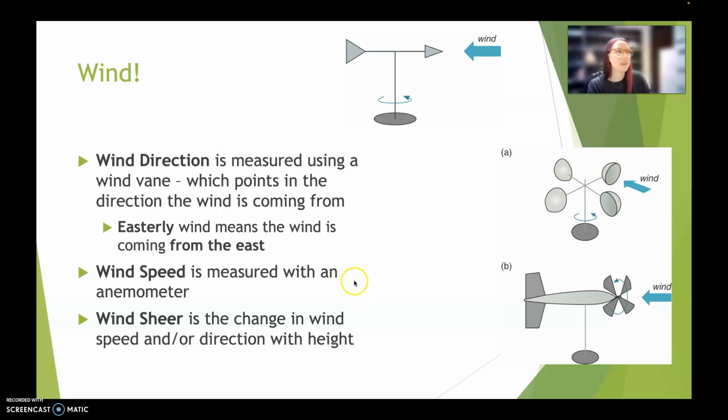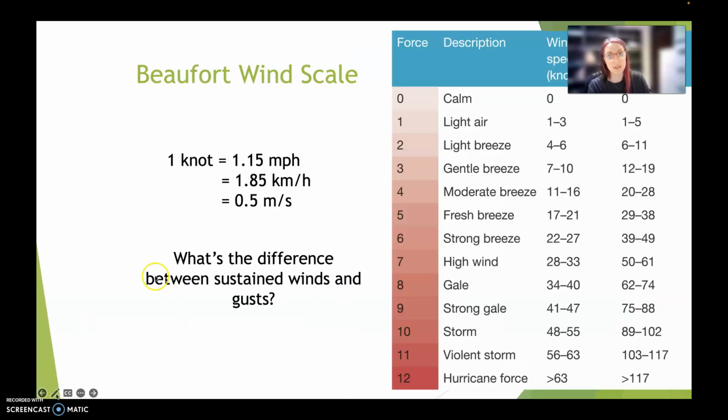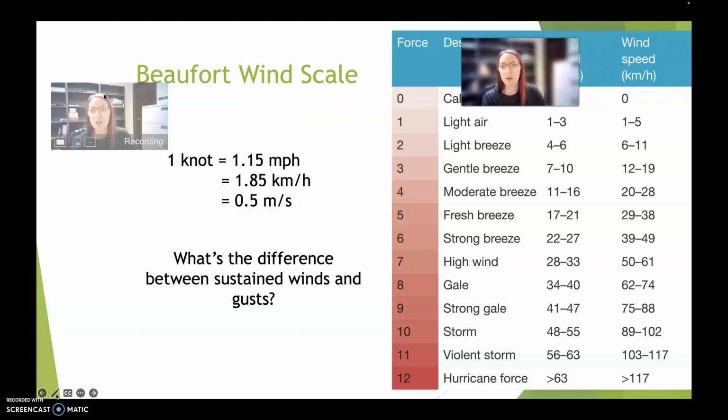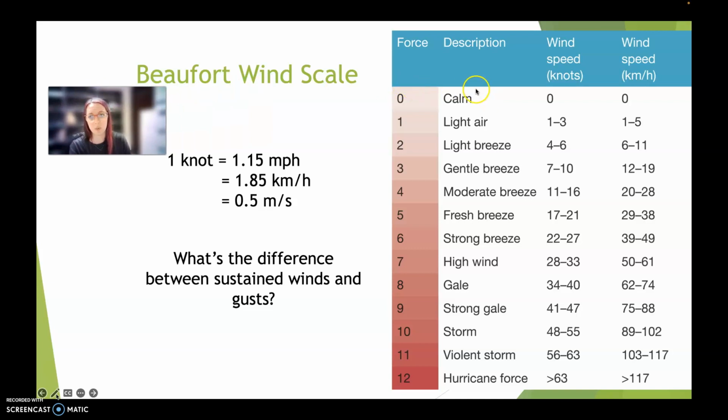So when we discuss wind speeds, we have what's called a Beaufort wind scale. I'll try to talk about wind in terms of miles per hour, but for all intents and purposes, knots are also used. So 1 knot is 1.15 miles per hour. With lower wind speeds, as you can see in this table here on the right, they're pretty comparable, right?